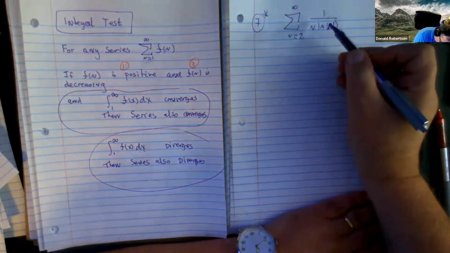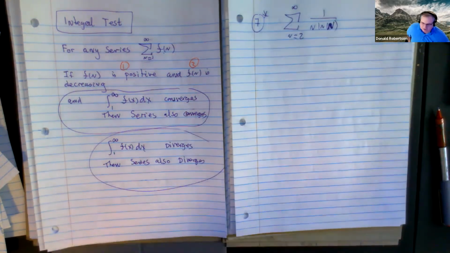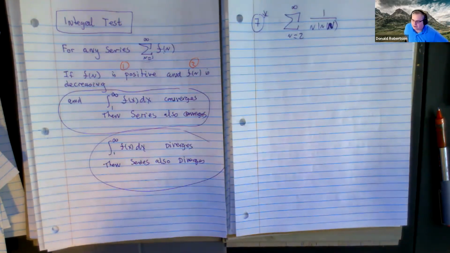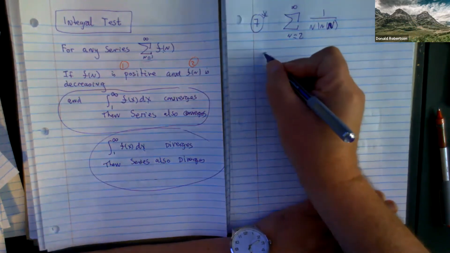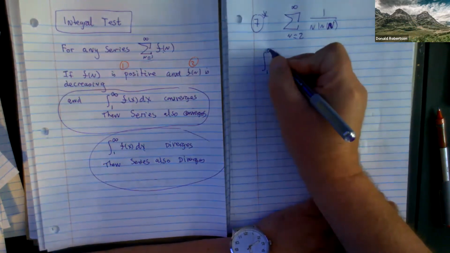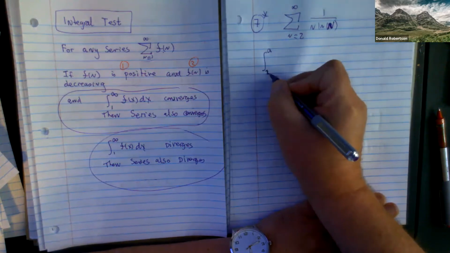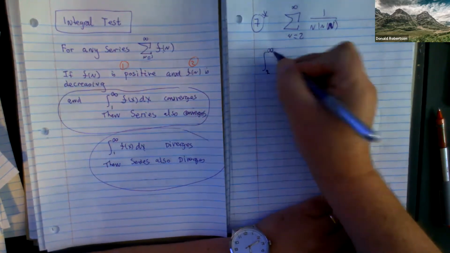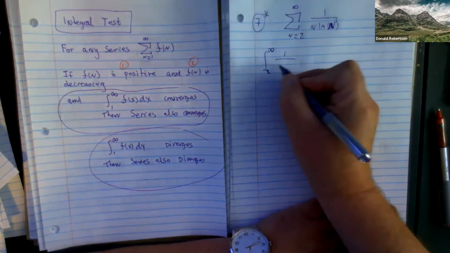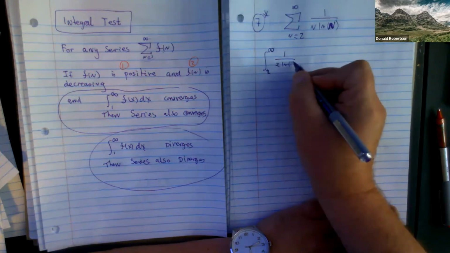So can we assume that I've already checked that it's positive and that it's decreasing? And we go right into the third phase, which is now we need to find the integral from 2 to infinity of this guy.